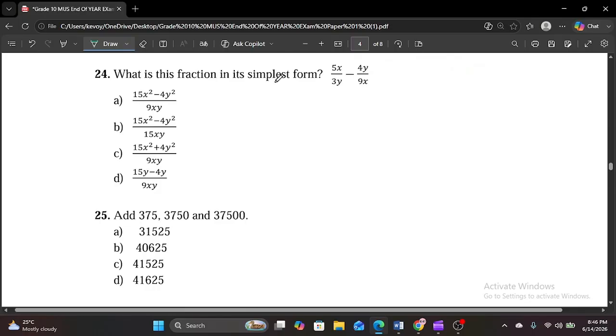So what is this fraction in its simplest form? The same thing again. So 5x over 3y minus 4y over 9x.